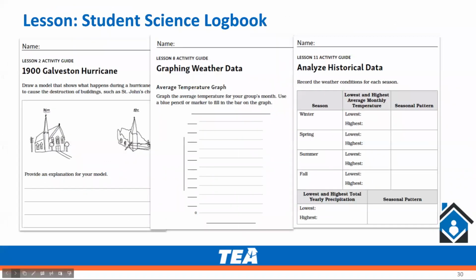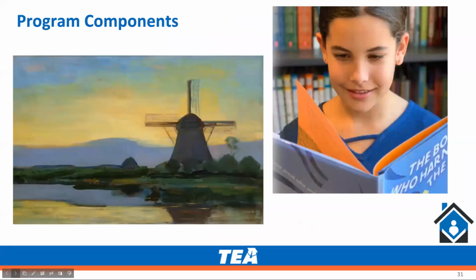You can see that in some lessons, students would have logbook pages in which those could be printed, and then once InSync is available, these are actually fillable PDFs that students would be able to complete digitally. Additionally, in the program, one thing to note is that there is the incorporation of fine arts and trade texts.